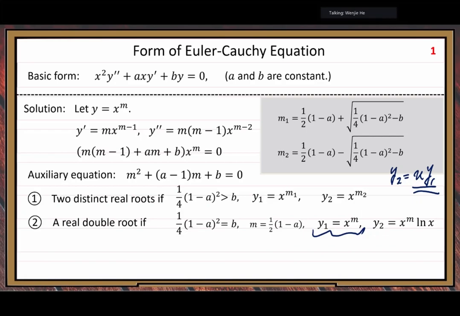And if we let v equal u prime, we get a first order ODE for the function v. So we can find y2 that way. That's the idea.